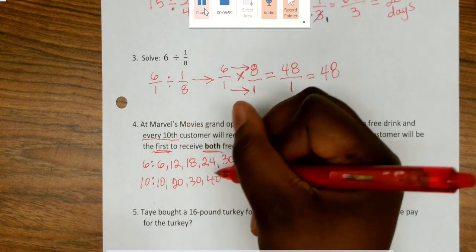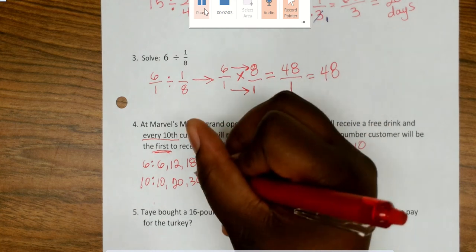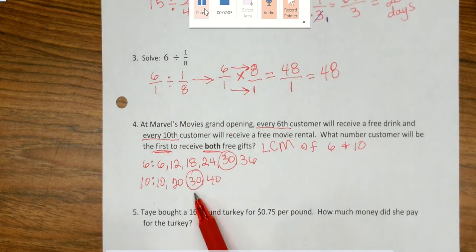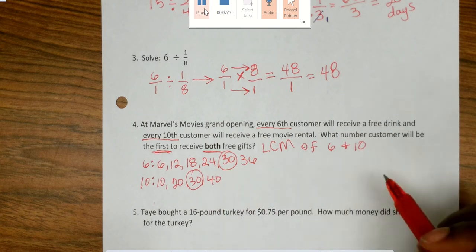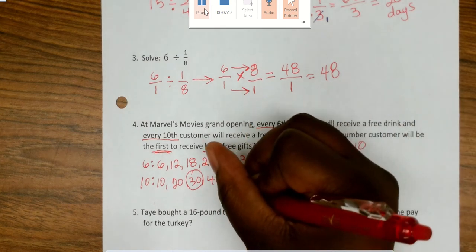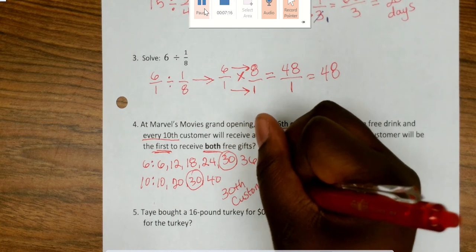Hey, I found a match. I actually can stop. So I found that they both share 30. That is the smallest common multiple that both of them share. So this means that the 30th customer will get both of those free gifts.